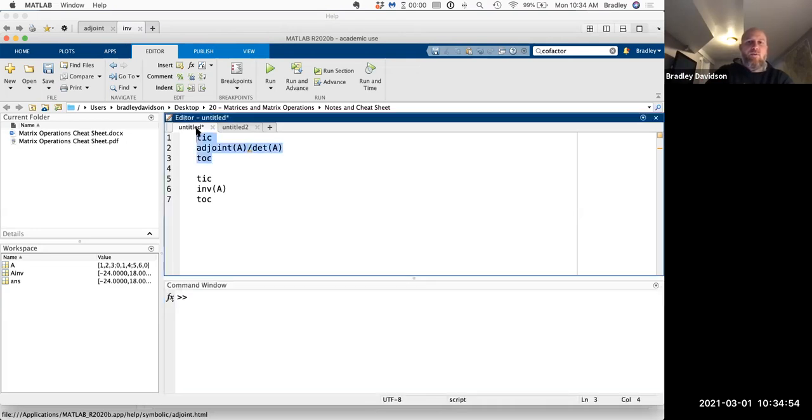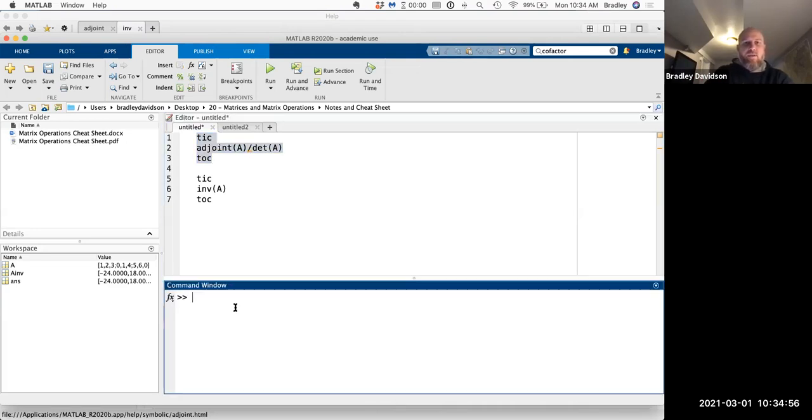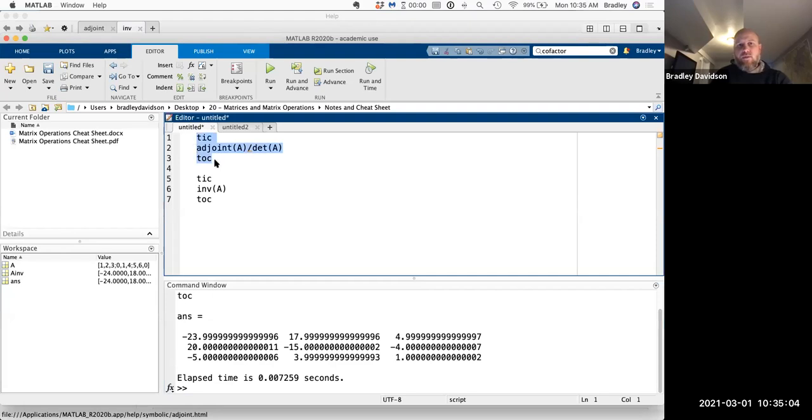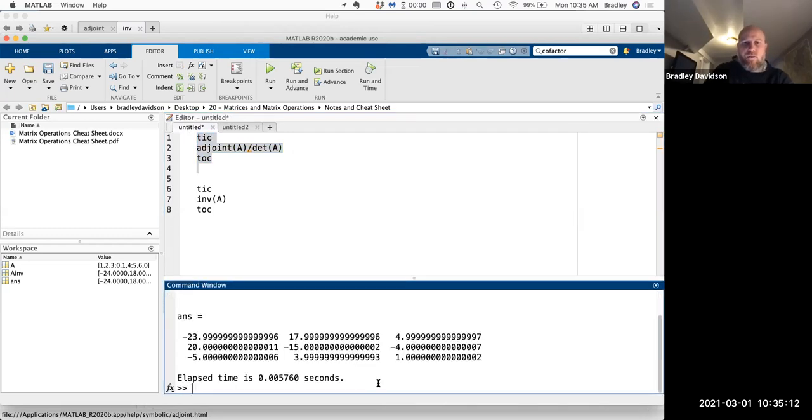If we do tic toc, pasting it all in your command window at once, it gives you an elapsed time, which here is 0.005760 seconds. Lightning fast in this 3x3 calculation.